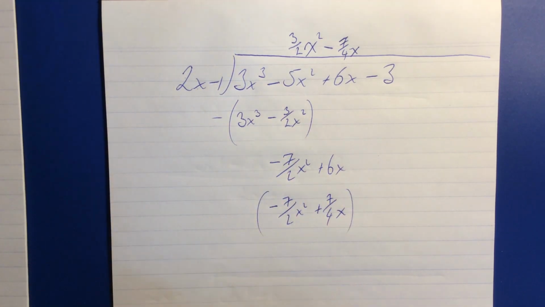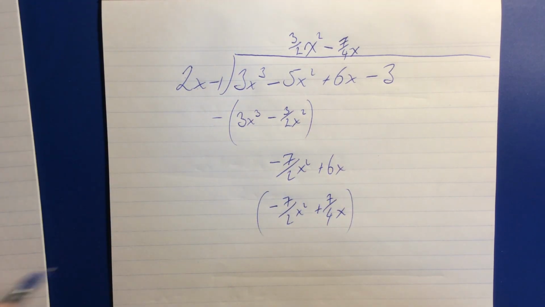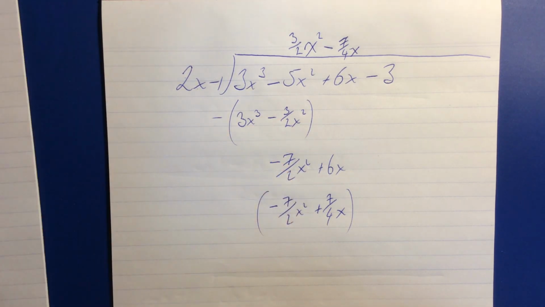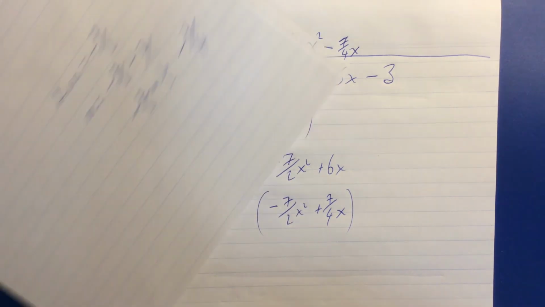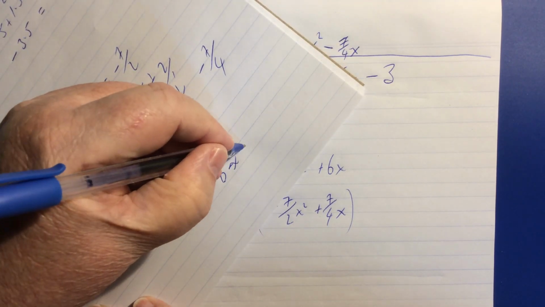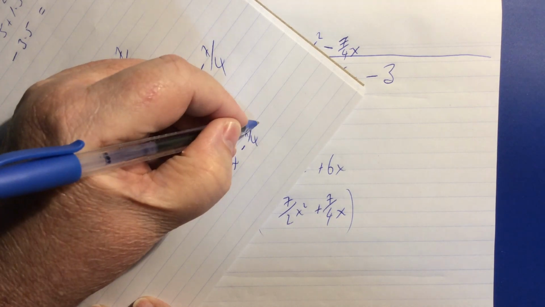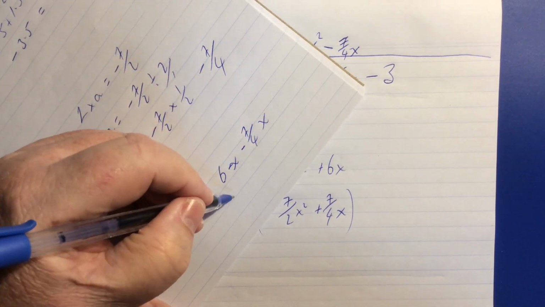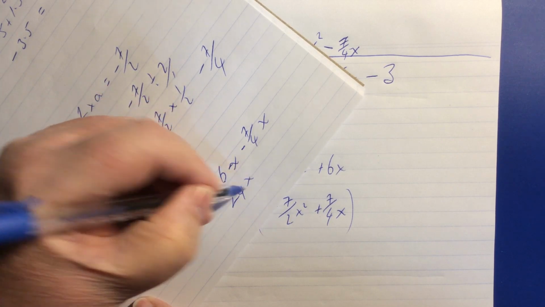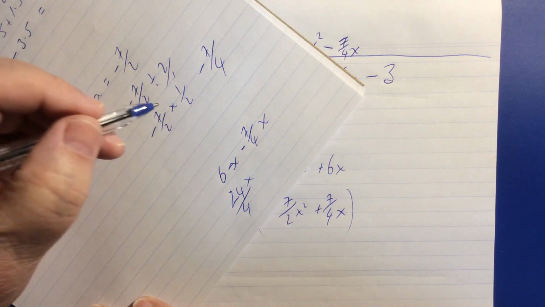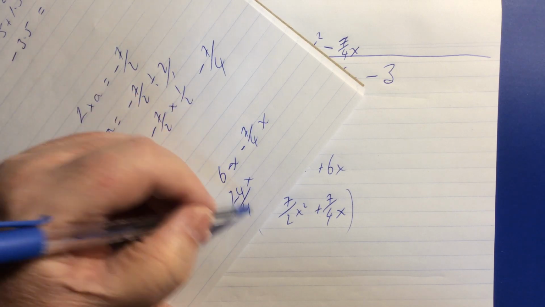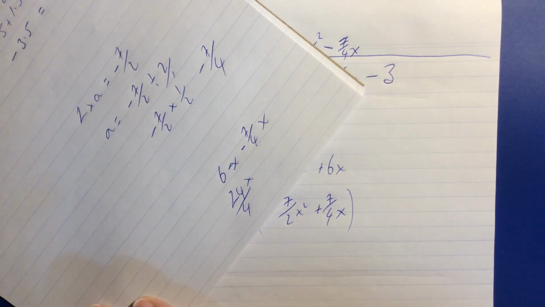And I subtract that. Okay, so that's going to disappear, and I've got 6x minus 7 on 4x. Well, 6x is 24x on 4. 6 fours are 24, divided by 4 gives me that.